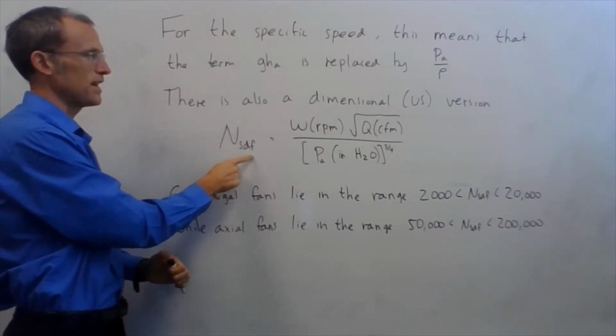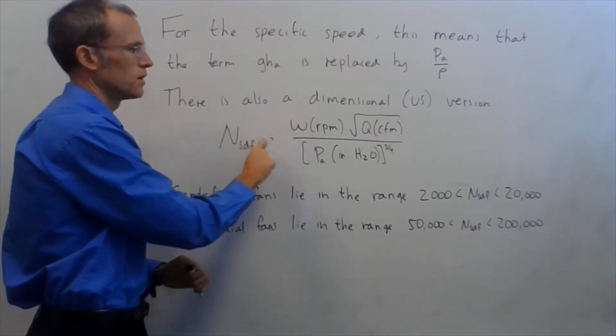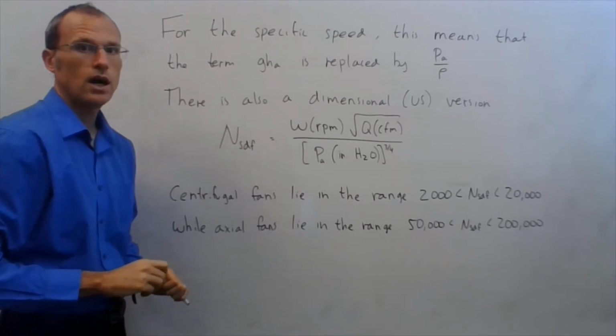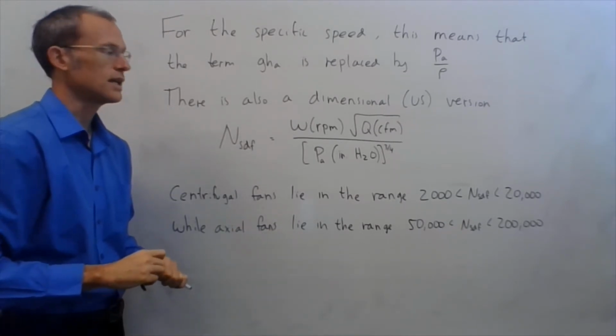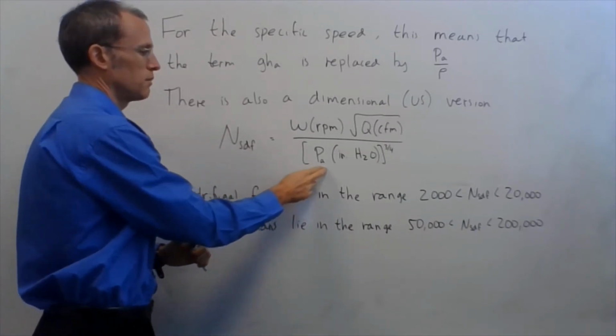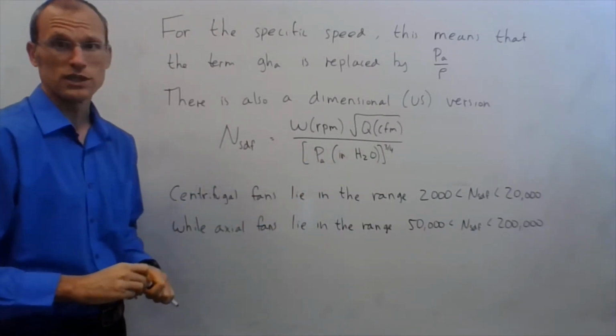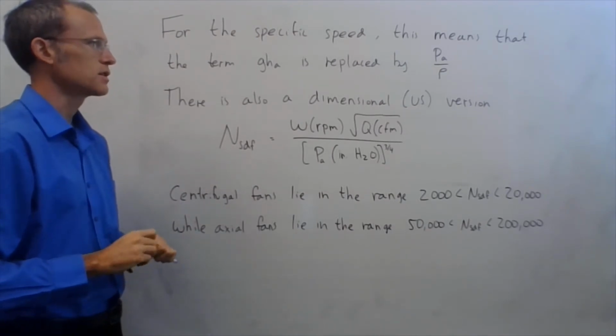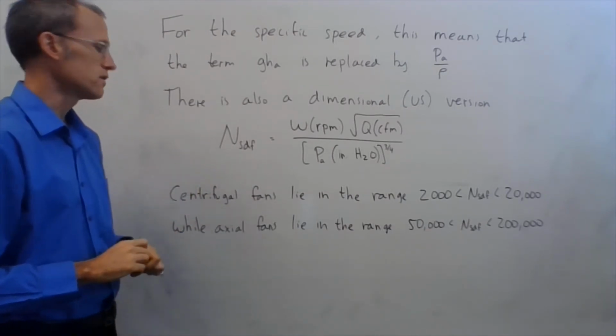N_sD, so the dimensional version for fans, is omega in RPMs. Flow rate Q is generally measured in cubic feet per minute now for the gases, as opposed to the gallons per minute for the liquids. And then I have this pressure being measured in inches of water, believe it or not. So that is the dimensional version of the specific speed for the gases for fans.